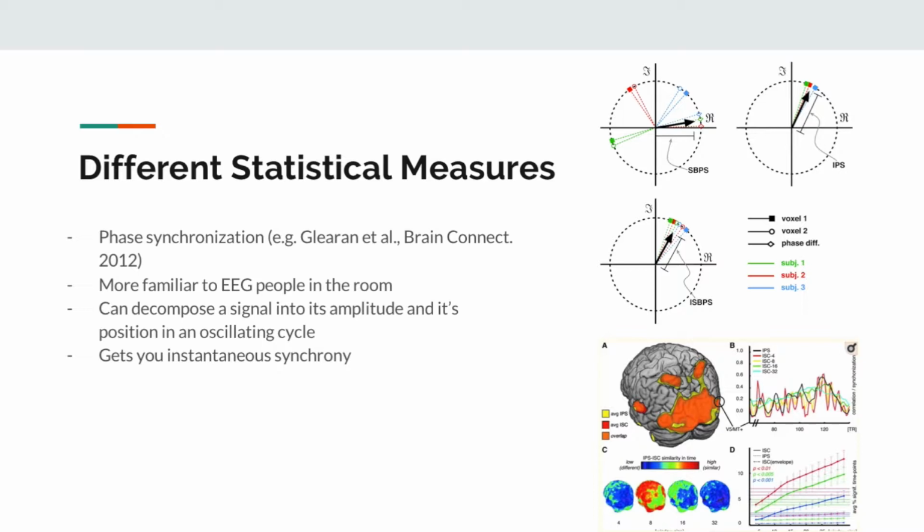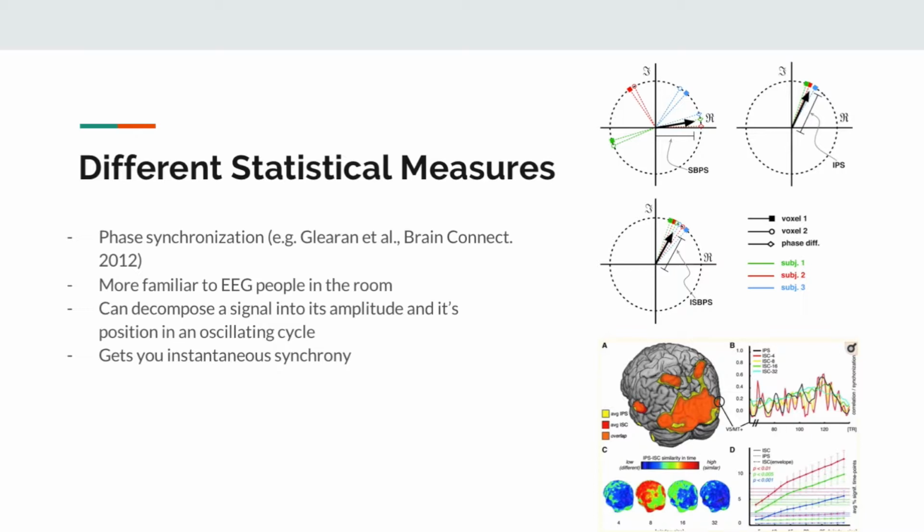So you would use math called the Hilbert transform to separate a signal into its phase and its amplitude. And then you can look at whether two people's brain time courses are at the same position in phase instead of just whether their data trace is correlated. This gives you an instantaneous measure of synchrony. And this will be more familiar as a process to people who do EEG filtering, because this is pretty common there.